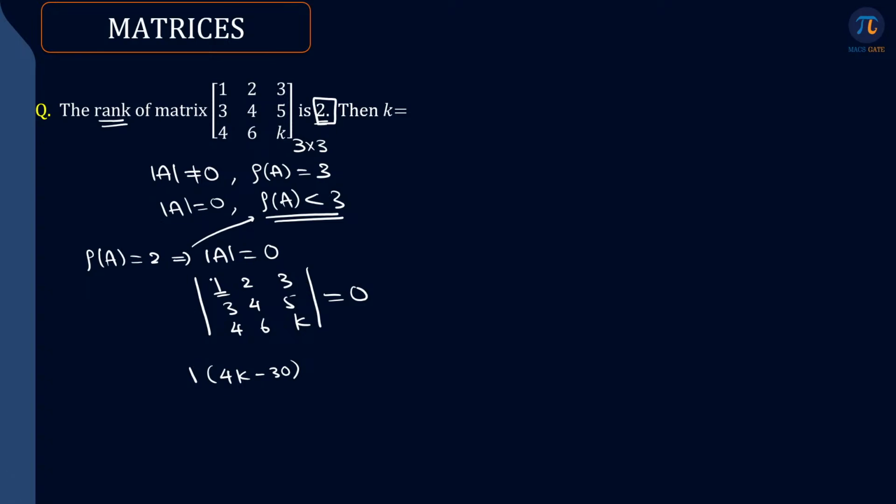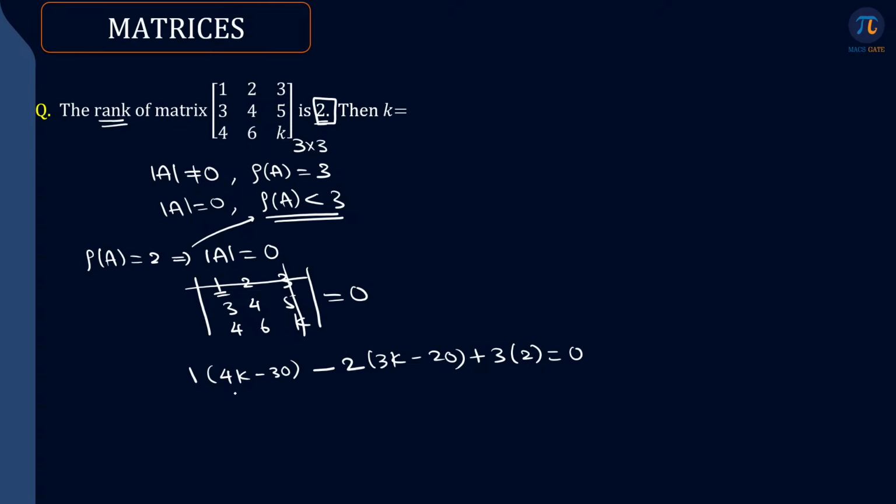Then the next element will have a minus sign, because it is first row, second column: minus 2 into, remove the column and remove the row, 3k minus 20. Plus 3 into, remove the column and remove the row, 18 minus 16, which is 2. And this should be equal to 0, and you have to find k such that this happens.